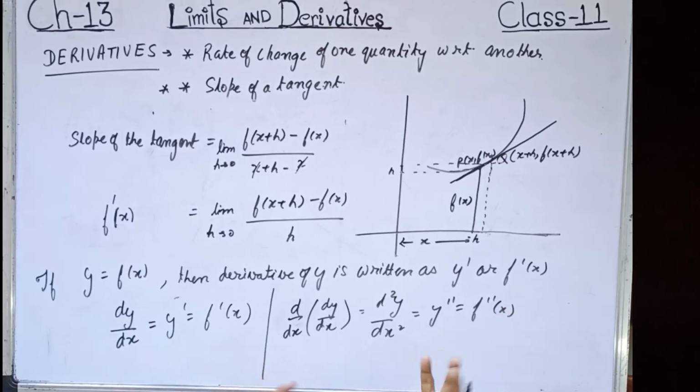Similarly, if we differentiate again, we get d3y by dx3, y triple dash and f triple dash x, and so on. So f dash x means the derivative of f with respect to x, and dy by dx is the derivative of y with respect to x. It is the same thing, just a different way of writing it.